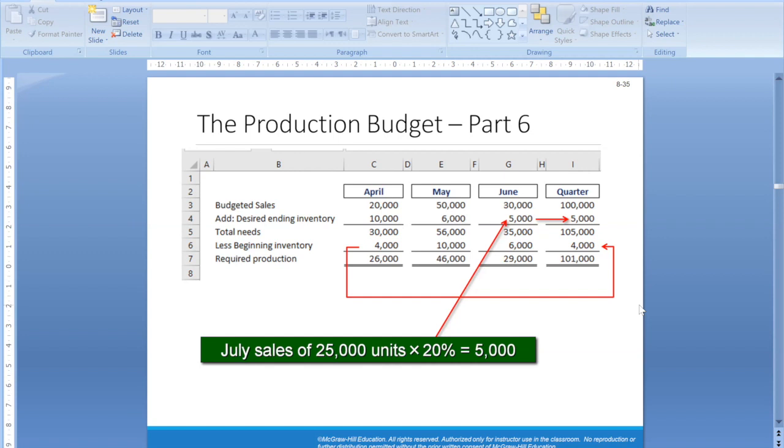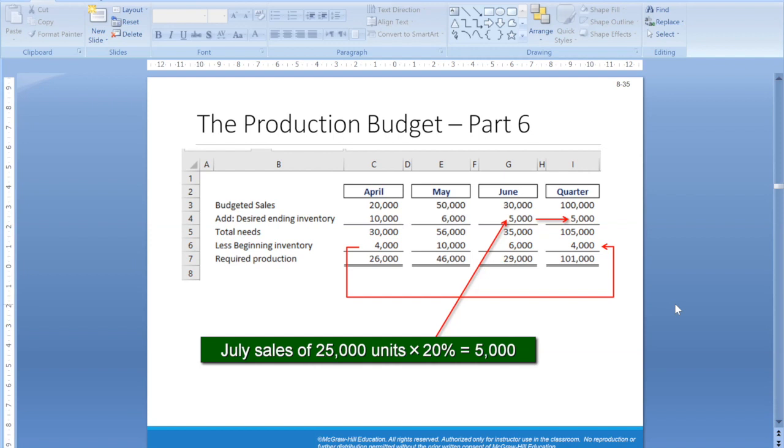If you remember the sequence, total needs minus beginning inventory of July, which is ending inventory of June, which is 5,000. So I need 23,000 units to be produced of July.